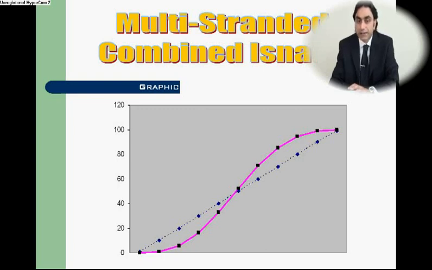On the other hand, a double-stranded combined Isnad that originated from a multiple narration has a weakening effect on the result only between the ranges of 0 and 33% of reliability coefficient of narrators, whereas it has a strengthening effect on the result between the ranges of 34 and 100% of reliability coefficient of narrators.